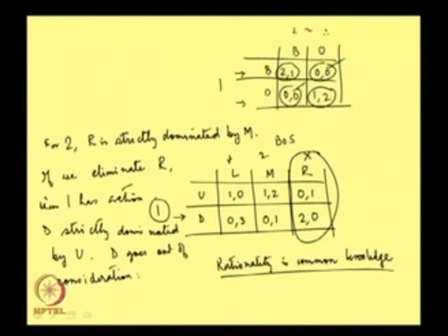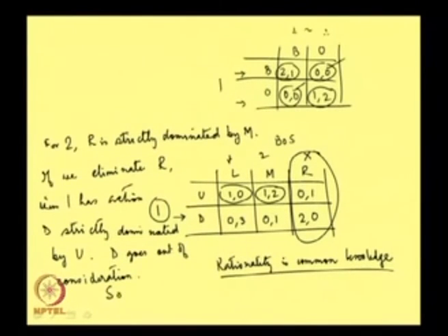And if D goes out of consideration, now think of this game from the point of view of player 2. Player 2 can now see that he basically has to choose between UL and UM, and for him UM is better, 2 is greater than 0.